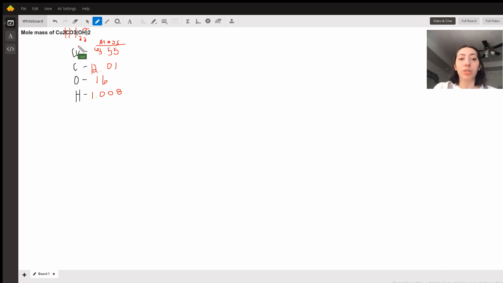And then what you want to do from here is multiply by their subscripts. Copper, we see we have 2, so we're going to multiply the 63.55 by 2. Carbon, we have just one, so we're going to leave it as is, or if you want, you could put a 1.